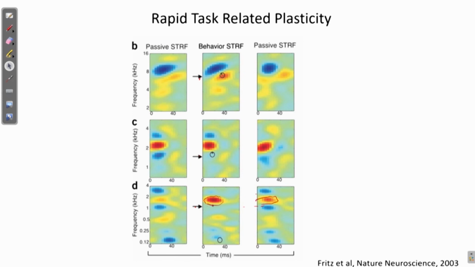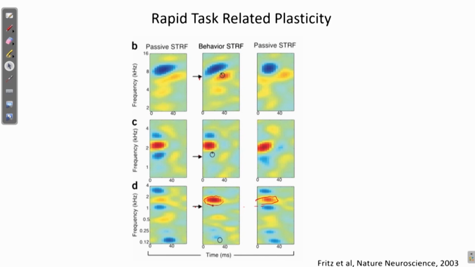So basically, now we have to look at the overall average effect of this change, that is, the behavior STRF minus the passive STRF.